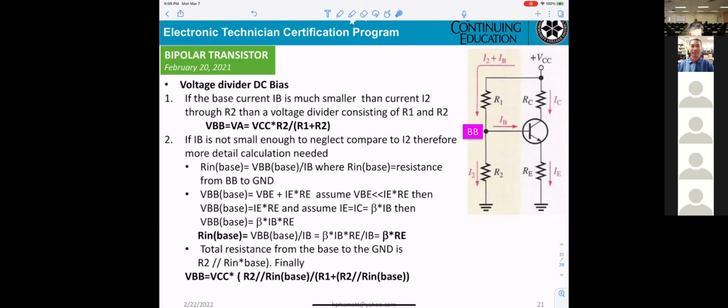So VBB equals VA, that means the voltage here, VCC times R2 divided by R1 plus R2. That's normal.